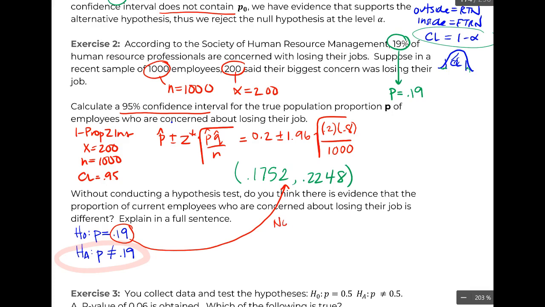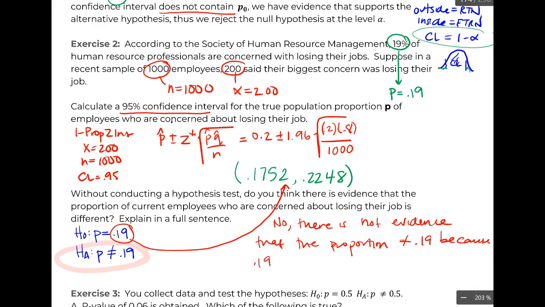So no, there is not evidence that the proportion doesn't equal 0.19 because 0.19 is a possible value based on our confidence interval. Boom. So straightforward enough, right?